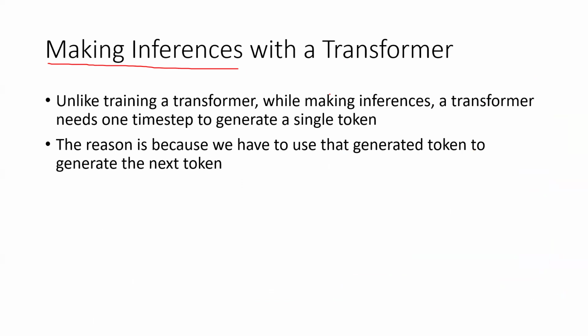So when you are generating a single token or single word, it's a single time step process, and you have to add that token again into the output sequence and then generate another token. That is how you have to generate tokens when you are making inferences or generating new tokens, right? That is what you have to know when it comes to making inferences with the transformer.